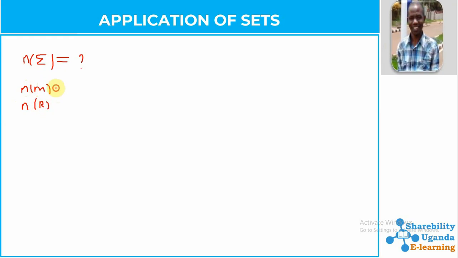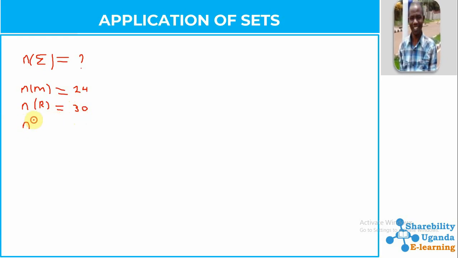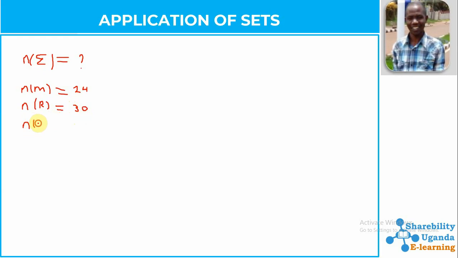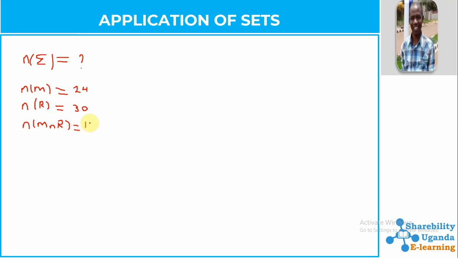These are 24 and 30. Then you also know the number of pupils who are taking both, matoke and rice, which is 16.